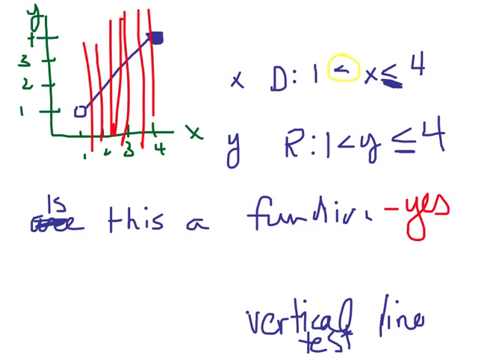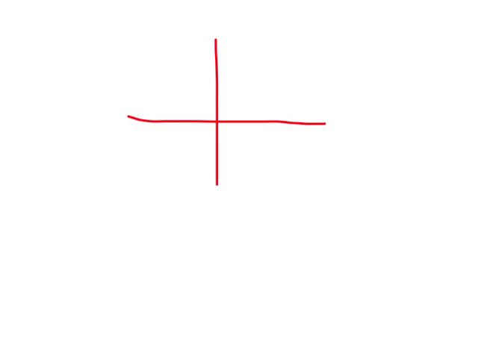I would put yes. Here's one that's not a function. I had a graph of a parabola, and it was facing sideways. If I pick an x right here, it has a y value, it has a point here, so that's 1 y value, but doesn't it have another y value right above it?